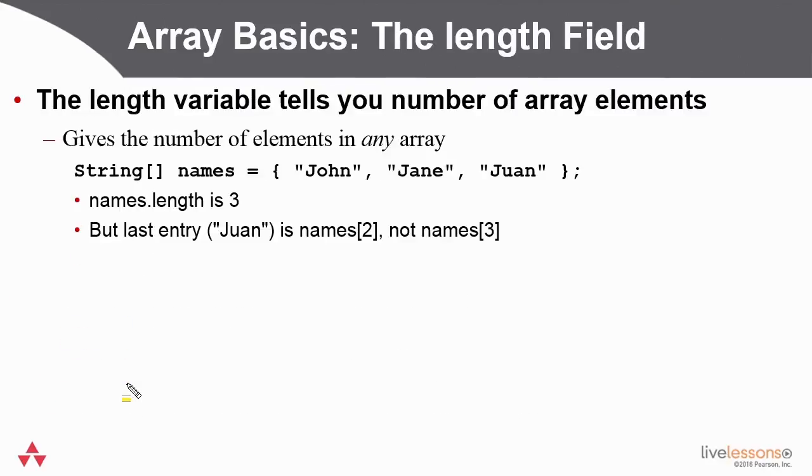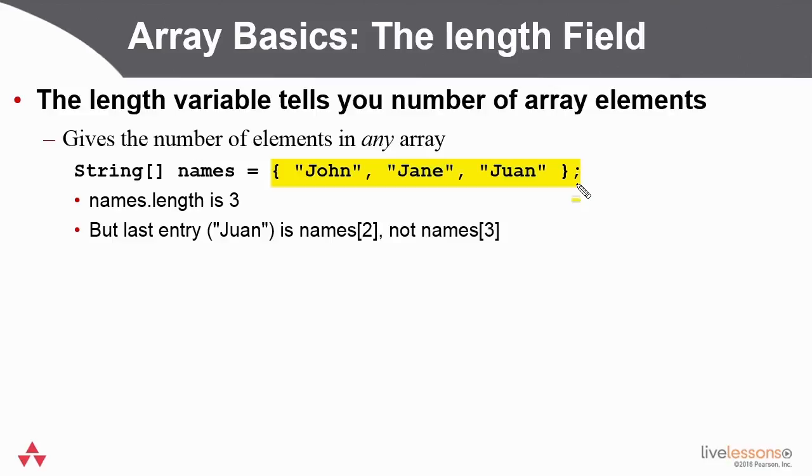So in Java, anytime you have an array, you can always ask how big it is. You don't have to have created the array yourself to be able to query and find out how big it is. There is a property called length. So suppose I made an array of strings containing John and Jane and Juan. In this case, I made the array, so I know that there are 3 entries. The indices are 0, 1, and 2.